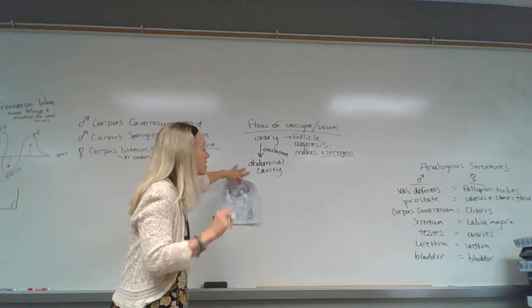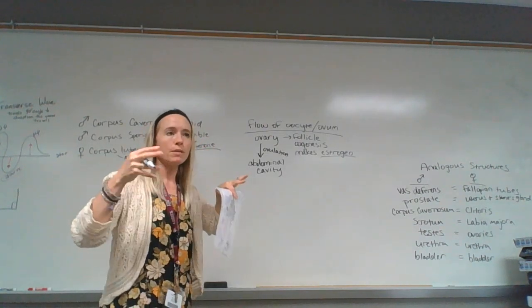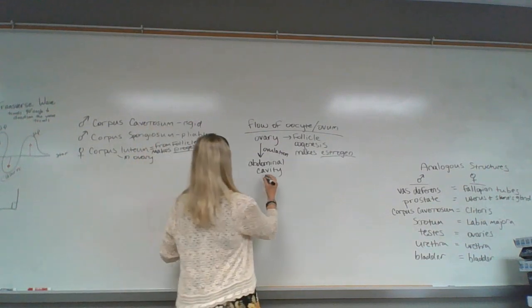So it passes very temporarily through the abdominal cavity, and then it is swept up by these finger-like projections called fimbriae.